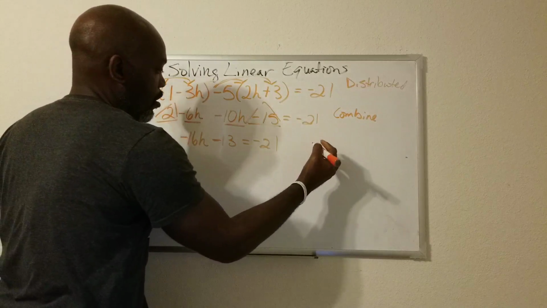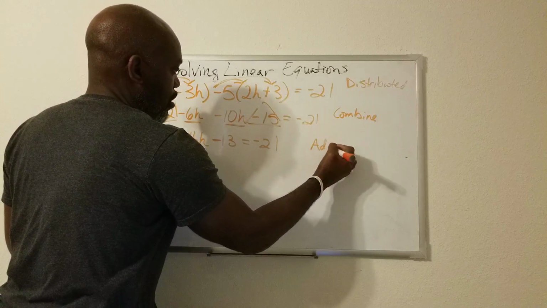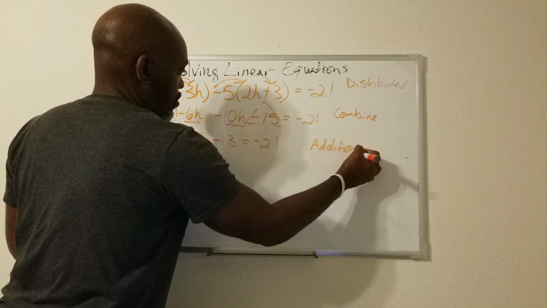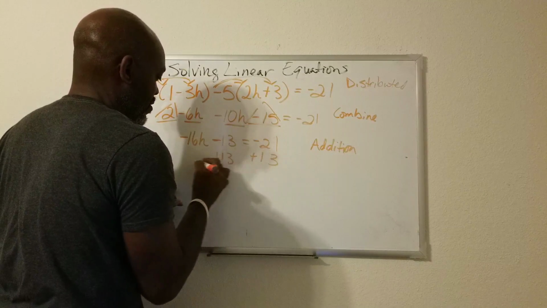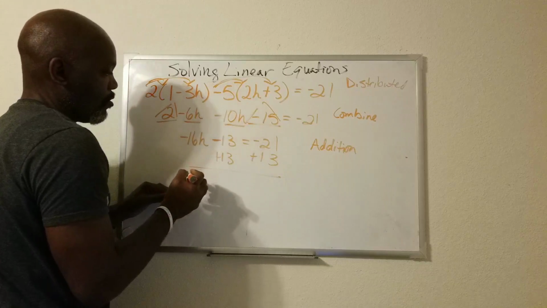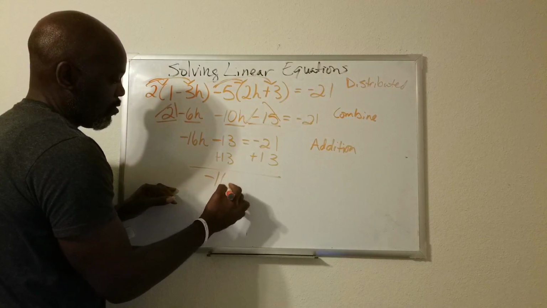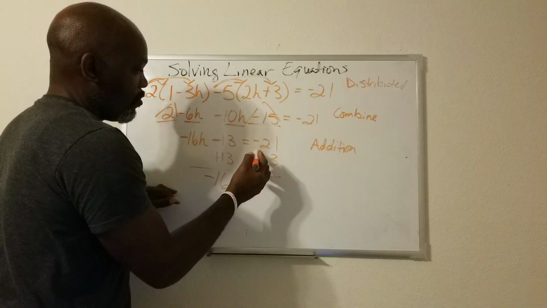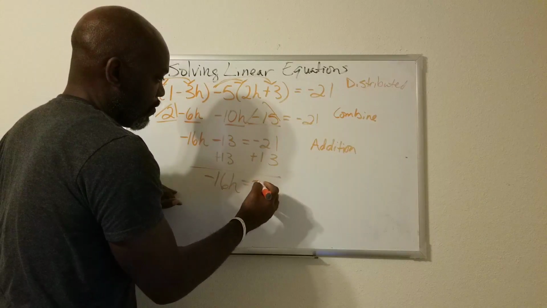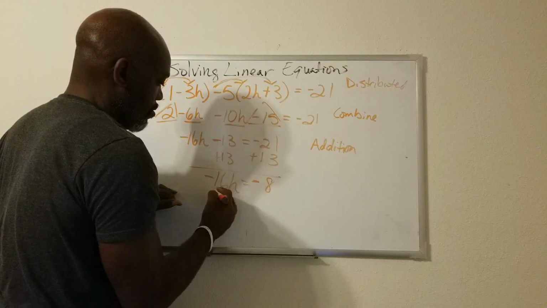Then here we're going to do the addition property, plus 13. And for time's sake, I'm not going to check it. I'm just going to show you the answer and you can go check it. This is going to be -8.